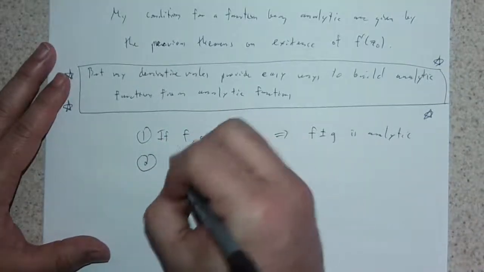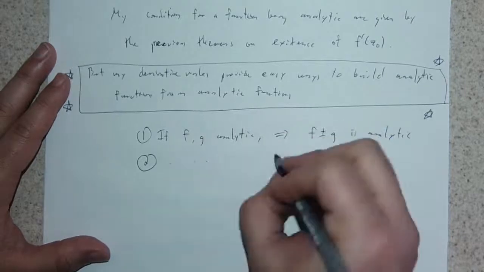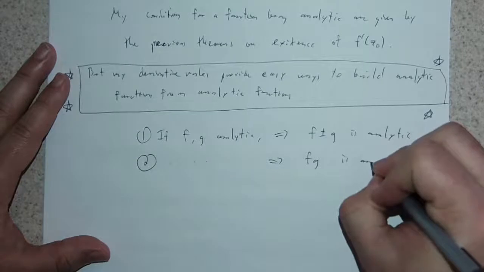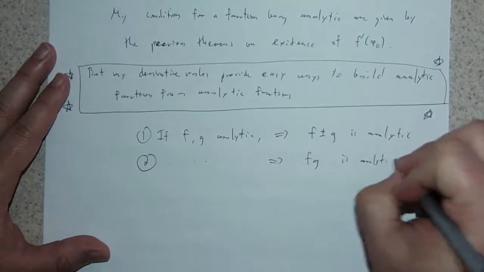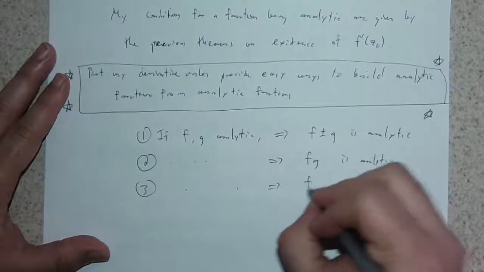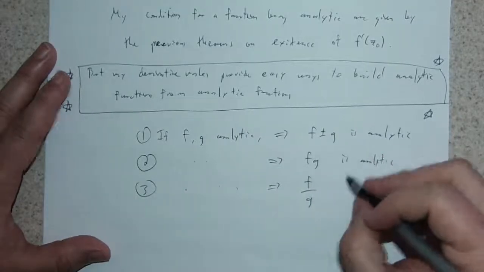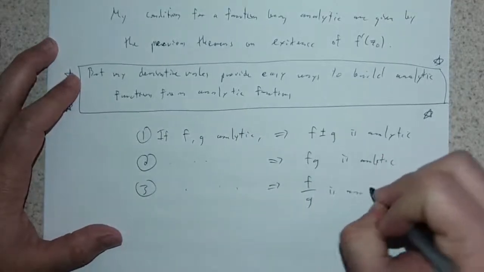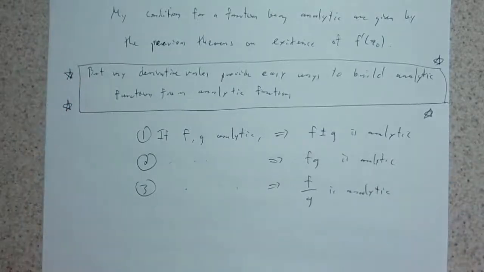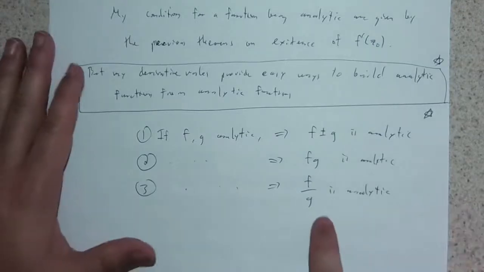Same thing is true, I'm not going to even rewrite that. This means that their product, f times g, is analytic. Same thing is true using the quotient rule. For the quotient, f over g is analytic. But of course, there's an extra thing here, it's analytic on any domain where g is not 0.